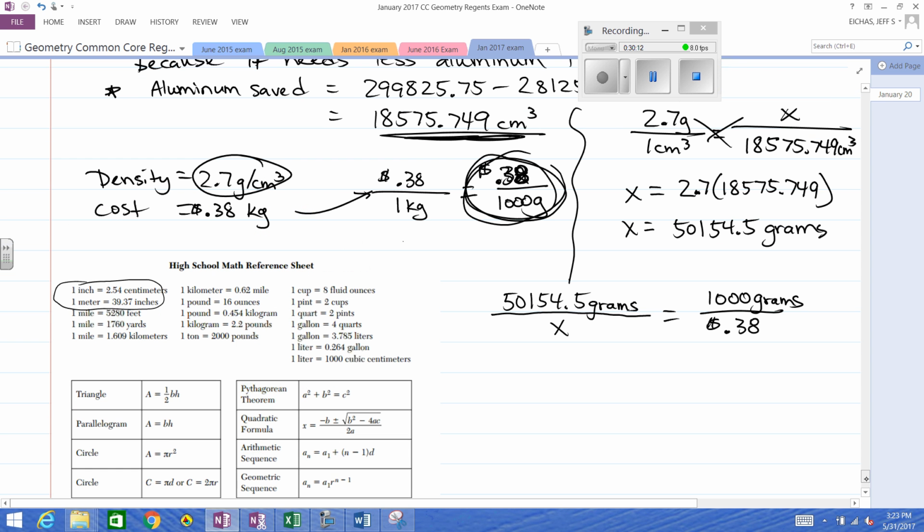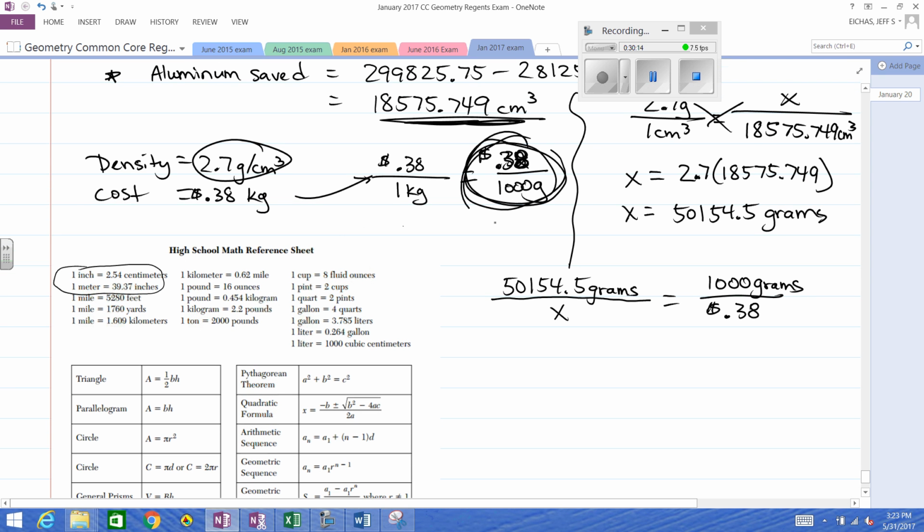I know this is a little weird. I had to flip this because when you have a cost like 38 cents per kilogram or 1 kilogram for every 38 cents, it's really interchangeable. That's what that density is saying. So I flipped it here so that it would work out. You want grams and grams to be corresponding.